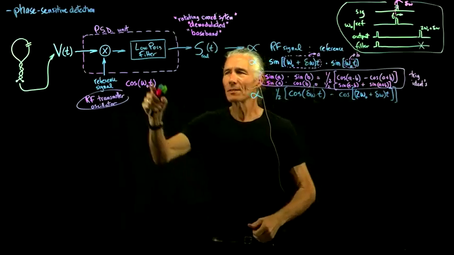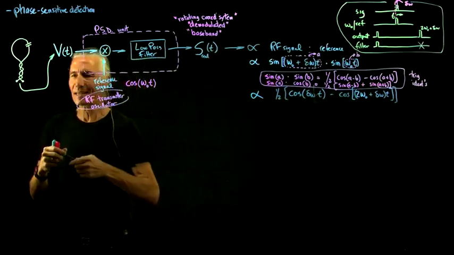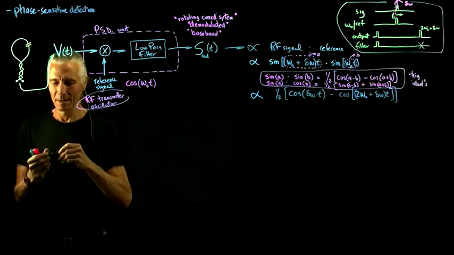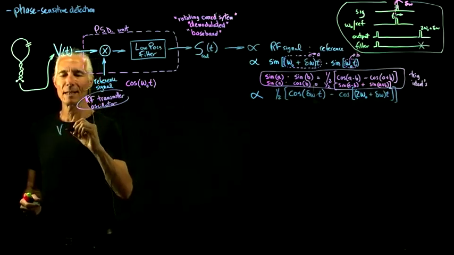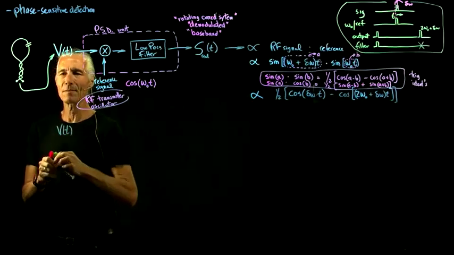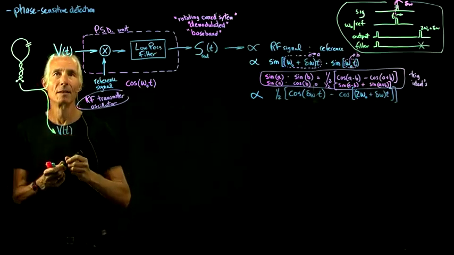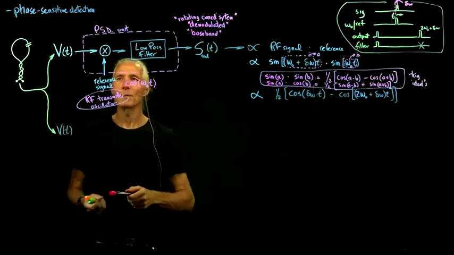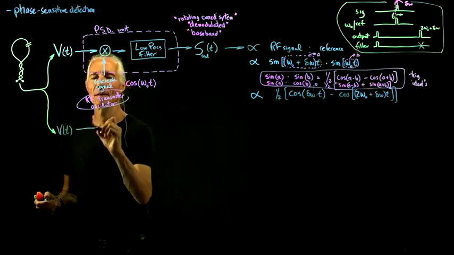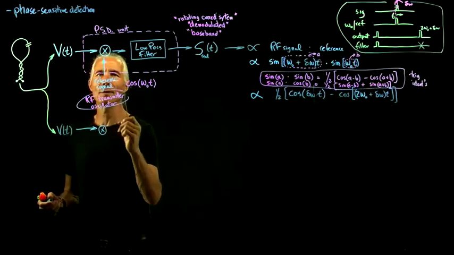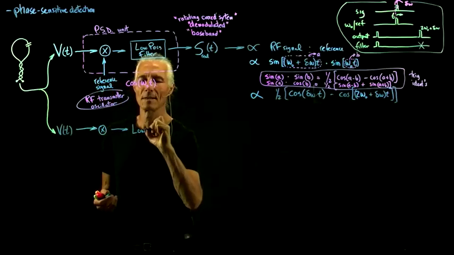Okay, so this is just one piece of the phase-sensitive detection, and so how do you get that second signal out of the coil in order to be able to make a complex number? Basically, we've got to take that same voltage, just make a copy of the voltage, branch off a wire, and so that exact same voltage will now run through another phase-sensitive detection, and that one will multiply by a sine instead of a cosine.